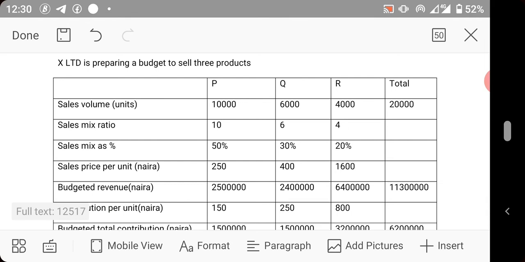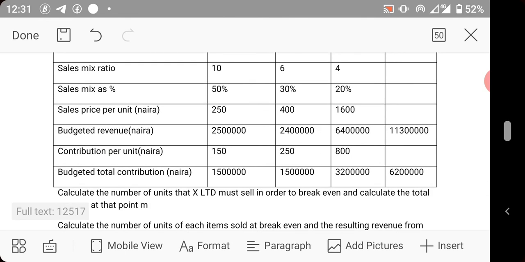Budgeted revenue is 2.5 million, 2.4 million, 6.4 million. The contribution per unit is 150, 250, 800. Budgeted total contribution is 1.5 million, 1.5 million and 3.2 million.